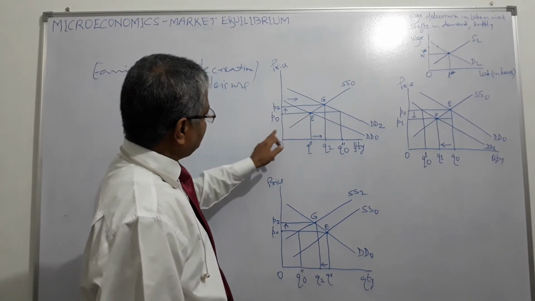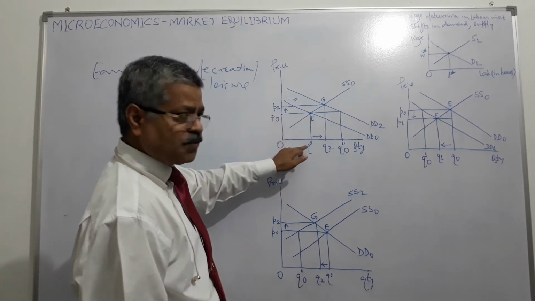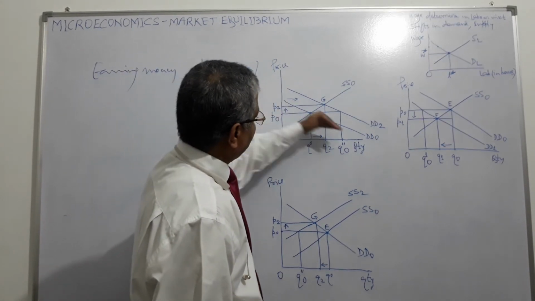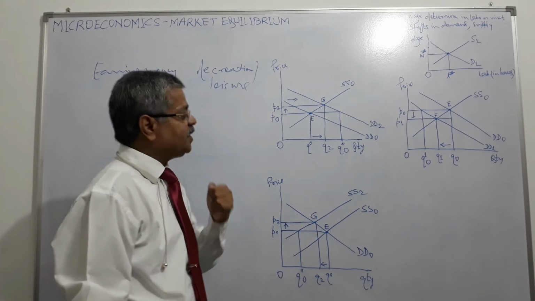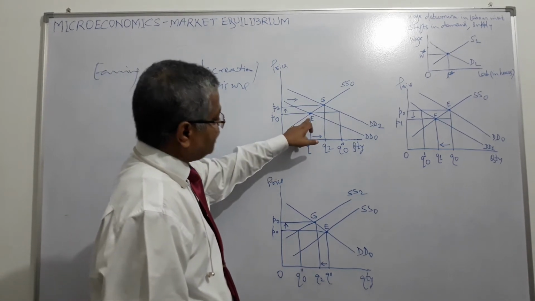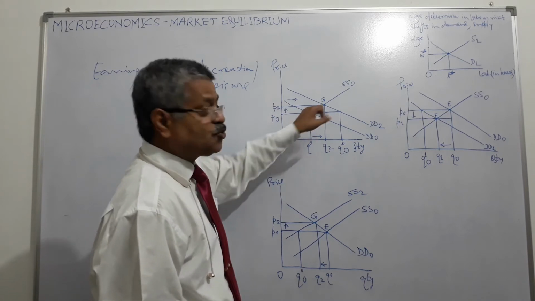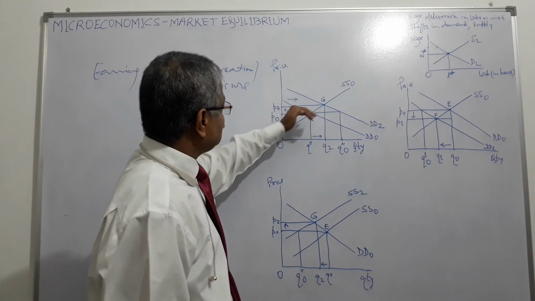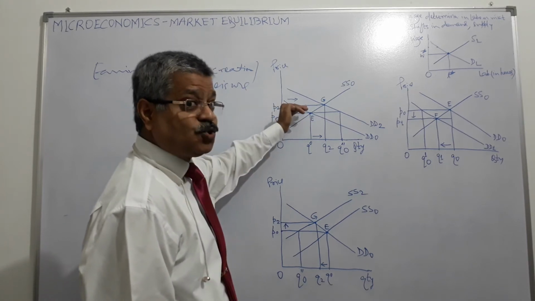Initial equilibrium at P0 price, Q0 quantity. Suppose this demand curve shifts right to DD2, then what happens? The initial equilibrium point shifts to G, at price P2.